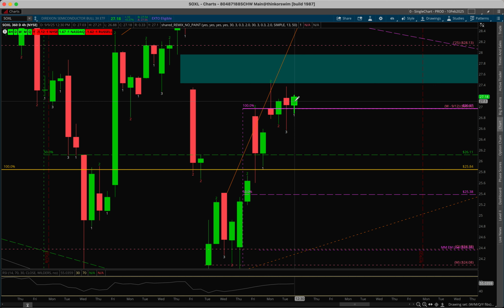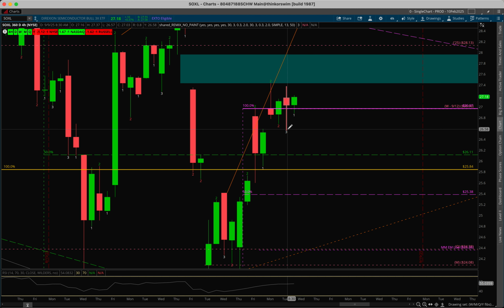That's 26.88 to 26.57. It's all right. Maybe a 1% move. It's like a 30-cent move, which is about a 1% move on the underlying ETF. So it would be an okay move, but of course you'd be looking for a little bit more.